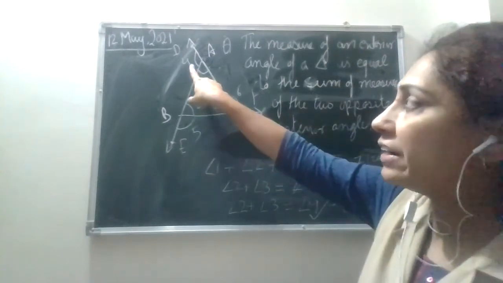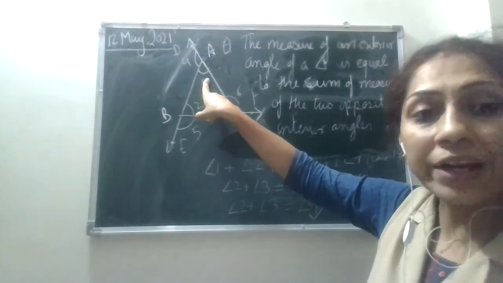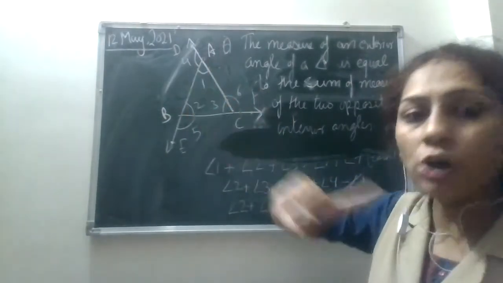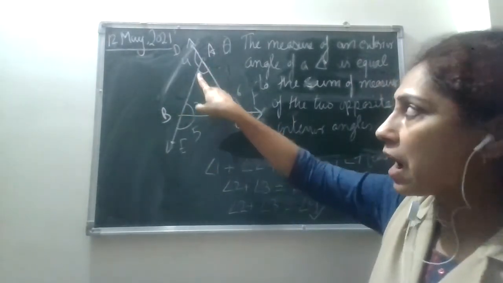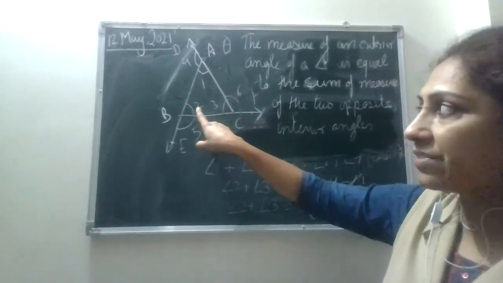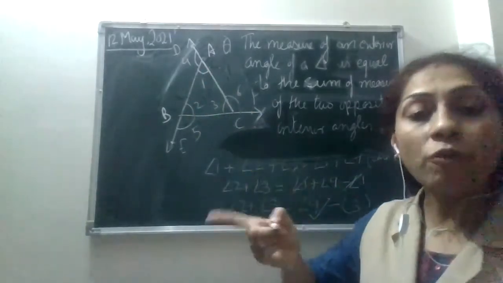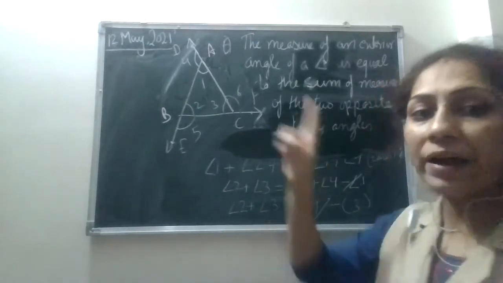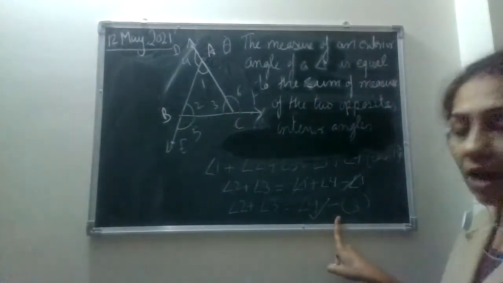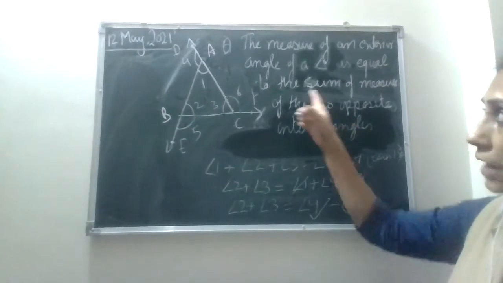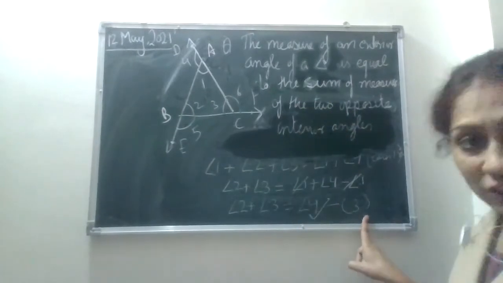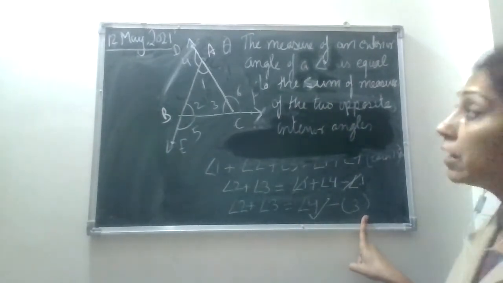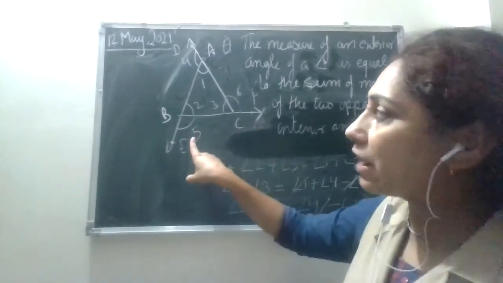Two opposite, that means not angle 1, because angle 1 is adjacent to angle 4. We will not count that. Opposite are not 1 but the other angles, that is 2 and 3. The sum of 2 and 3 is equal to angle 4 outside. This is how this property is explained and it is justified also. Likewise, you will say, how about this angle 5?